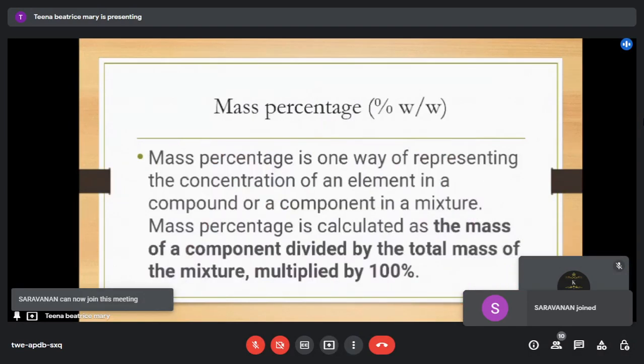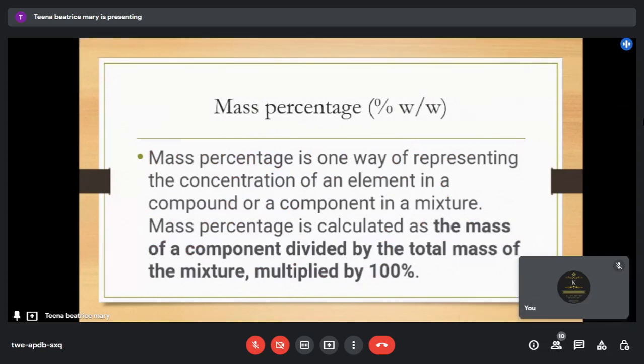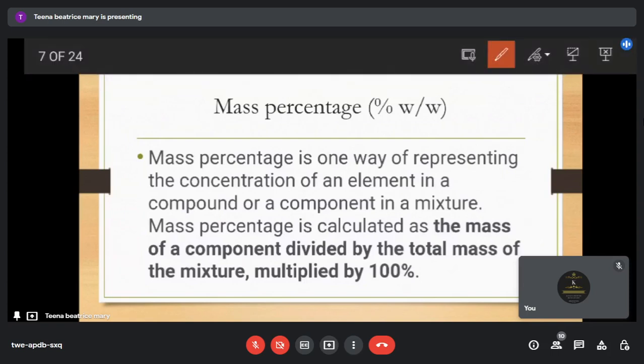Next we can go with mass percentage. Mass percentage is a way of representing the concentration. Again, it is a representation of the concentration of an element in a compound or a mixture.